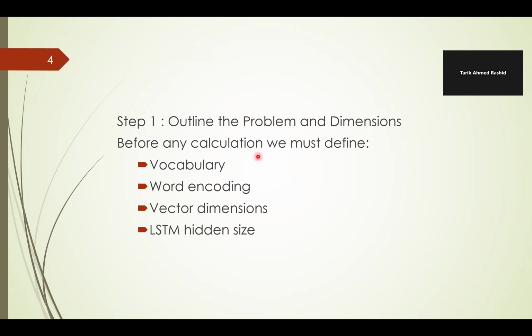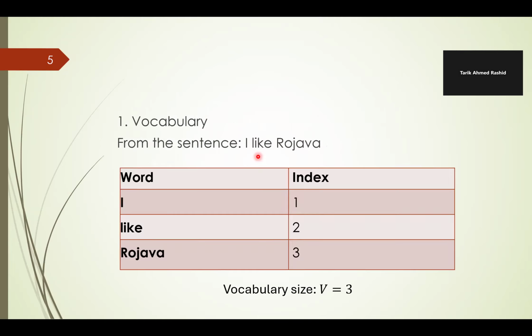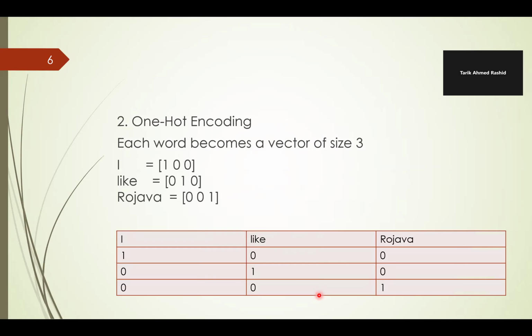Now, step one, we declare our vocabulary, word encoding, vector dimensions, and LSTM hidden size. For the vocabulary, from the sentence I like Rojava, I is index one, like is two, Rojava is three, and vector size is three. One-hot encoding: each word becomes a vector of size three.